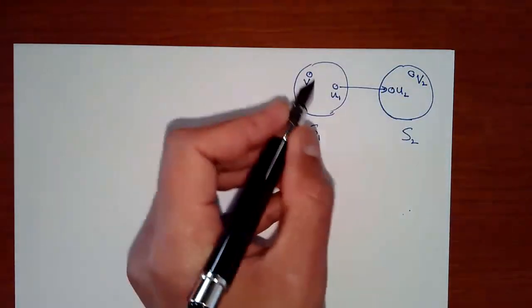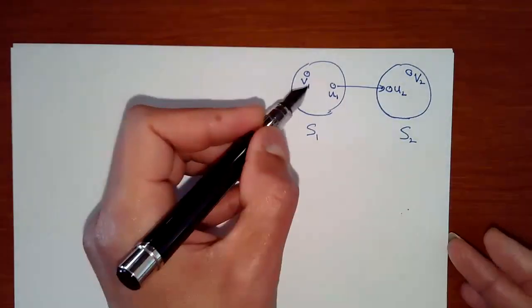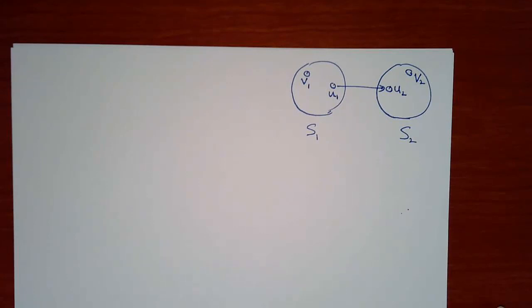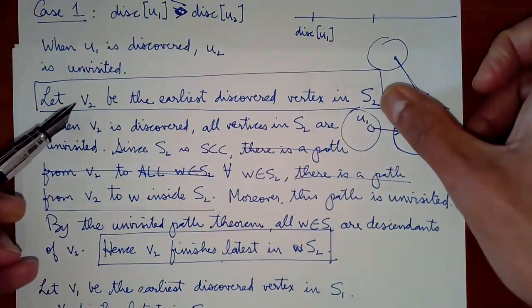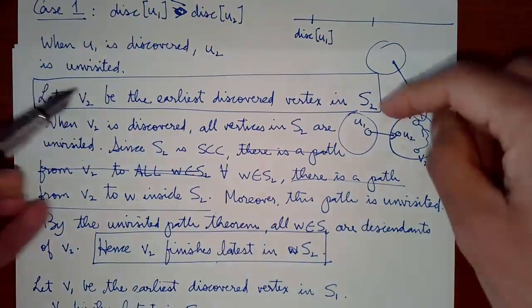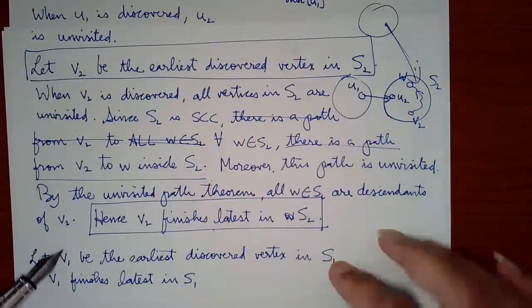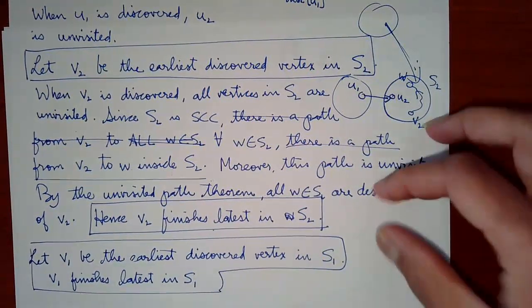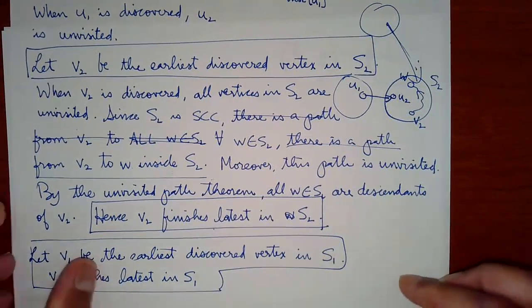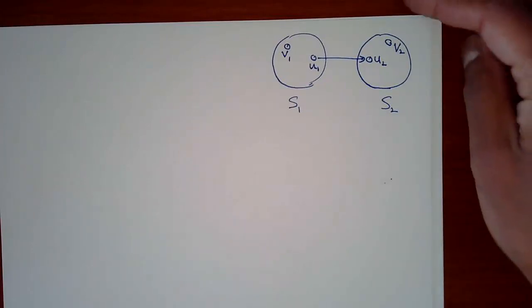These could be equal. V1 and U1 could be the same, V2 and U2 could be the same. But we're just saying that V1 is the earliest discovered vertex and V2 is the earliest discovered vertex. What is convenient about the earliest discovered vertex in S1 and S2 is that the earliest discovered vertex in S2 is the one that finishes the latest. The earliest discovered vertex in S1 is the one that finishes the latest. So these are the two important points that we have. Hopefully this helps you understand what is happening. And now let's do the case analysis.